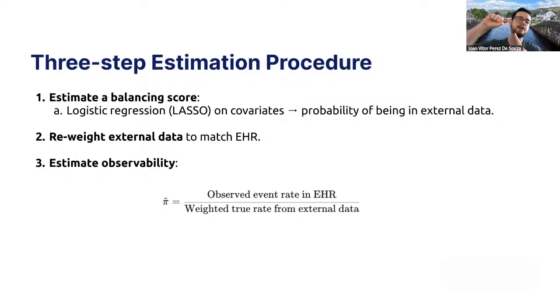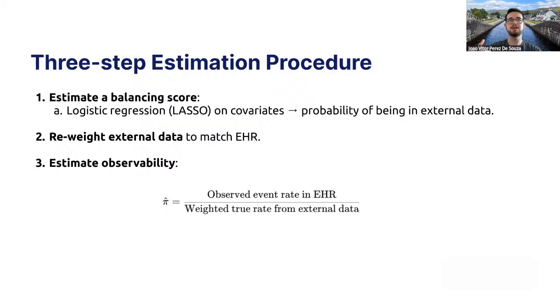And you use a binary variable, the data set variable: is it KCMC? Is it external? And you try to predict external with a lasso. That probability of being external based on the other variables is what you use to adjust the observability rate from one data set to another.